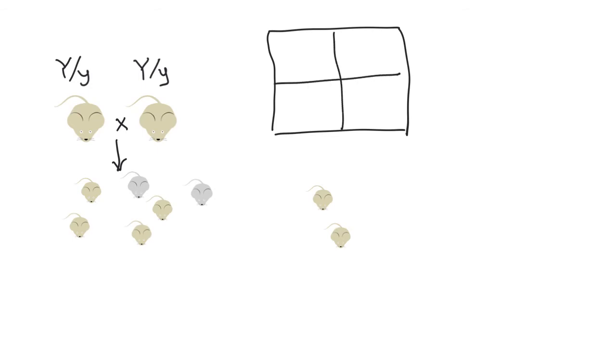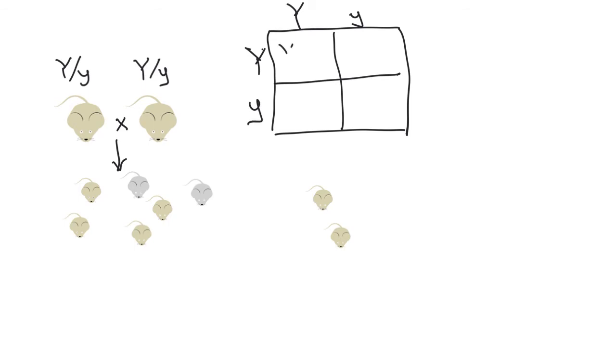So, what does the Punnett square look like for this cross? Each parent will produce 50% gametes carrying a big Y and a little y.